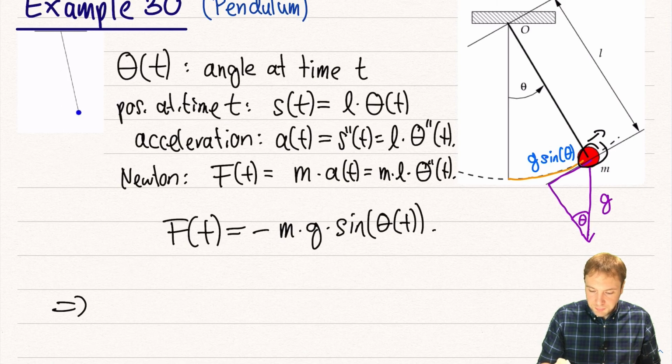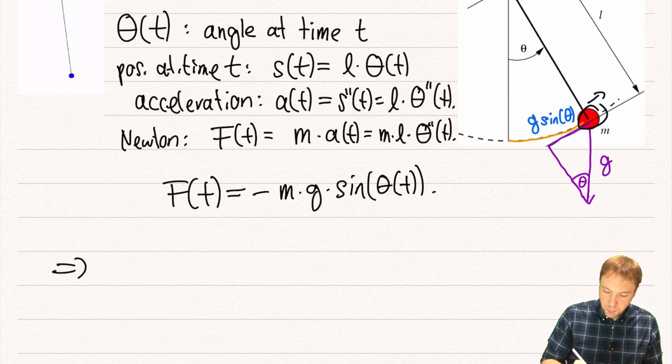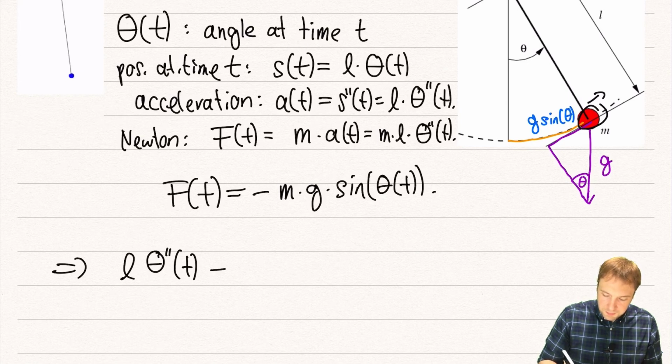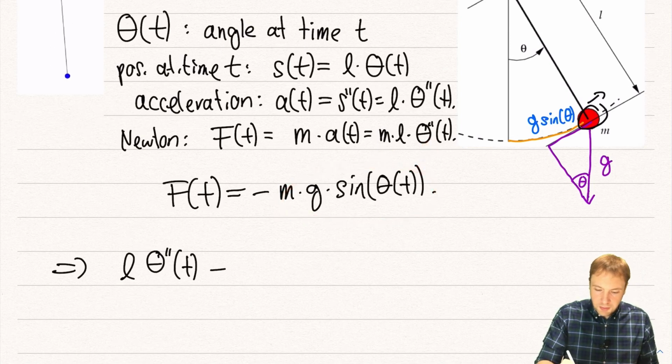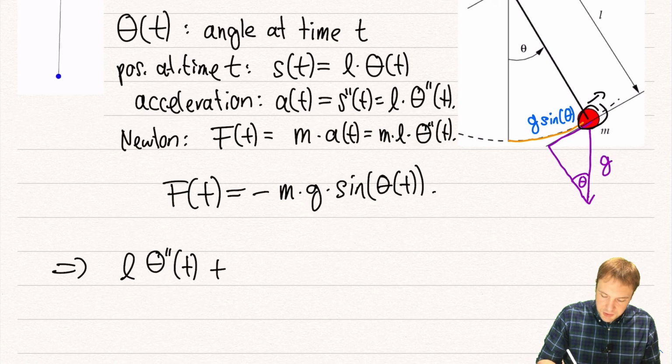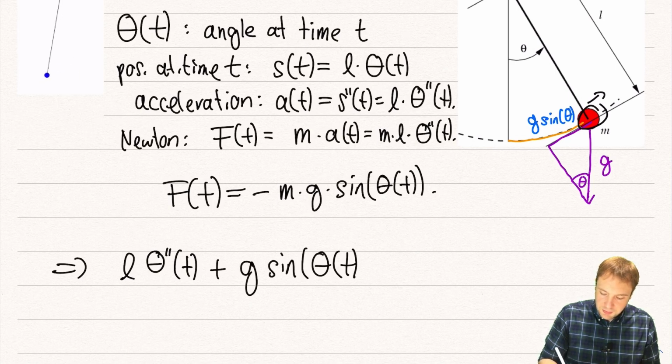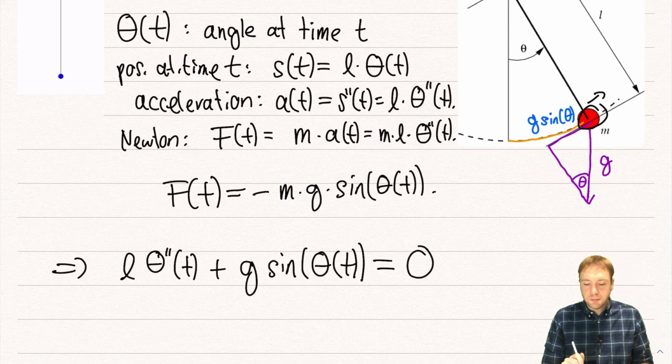And therefore, in total, we have L theta, the second derivative, plus, so these are equal, and therefore I can bring this on the other side and divide by m. So I have plus g times the sine of theta of t equals 0.